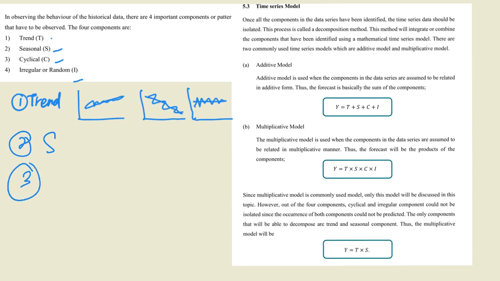And then next, the third one, we have cyclical. Cyclical variation refers to the rises and falls of the time series data over a specific period of time. In other words, there will be fluctuation in the data, but it involves a long period of time. For seasonal, it's quite short, maybe less than 2 years. But for cyclical variation, in order for you to notice that the data is being influenced by it, you need to collect the data over more than 10 years.